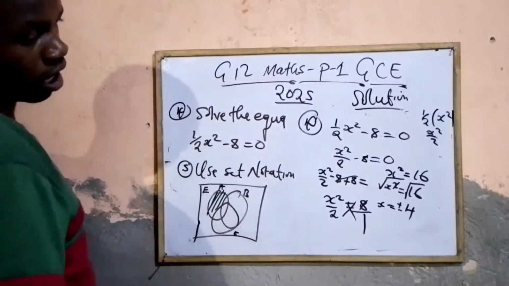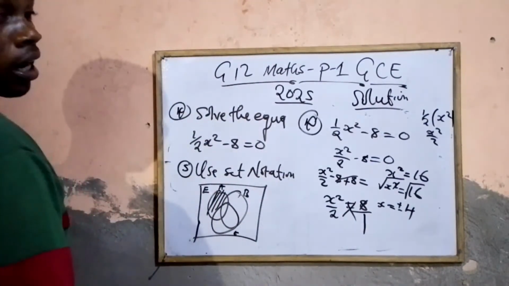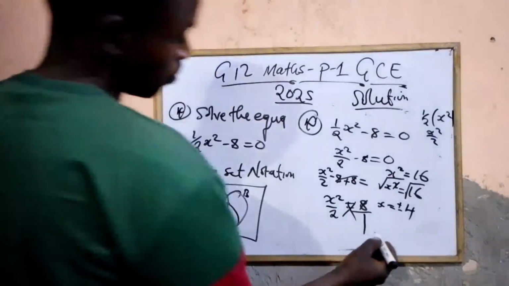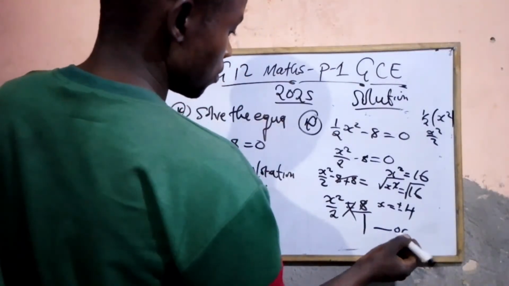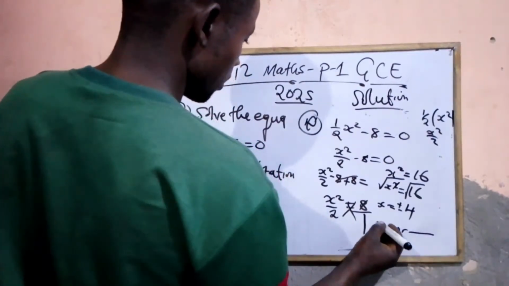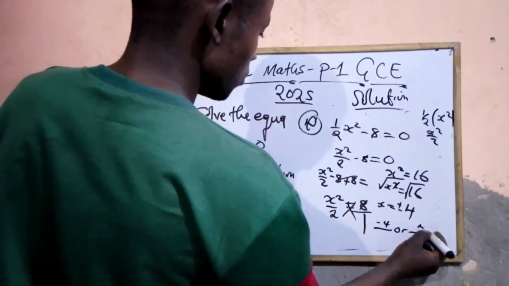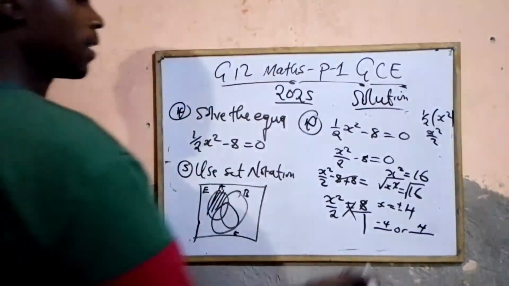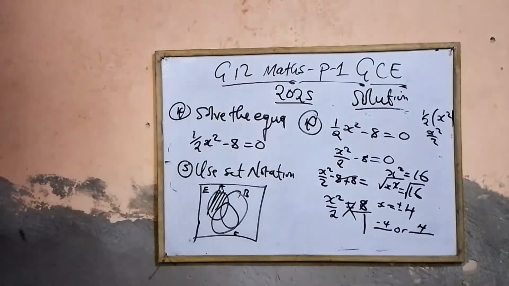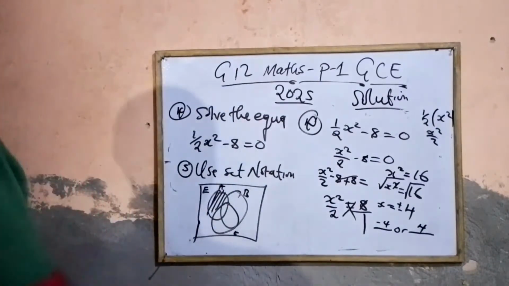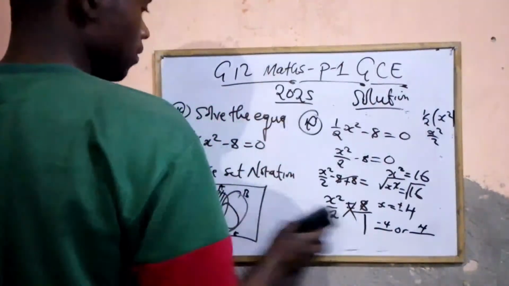Remember that on the answer space given, there are two spaces, so that means we have x equals minus 4 and 4. So this is the answer for this equation. So now let's move on to question 5.